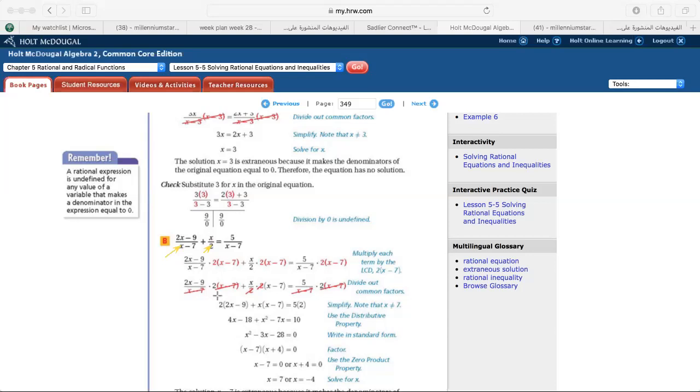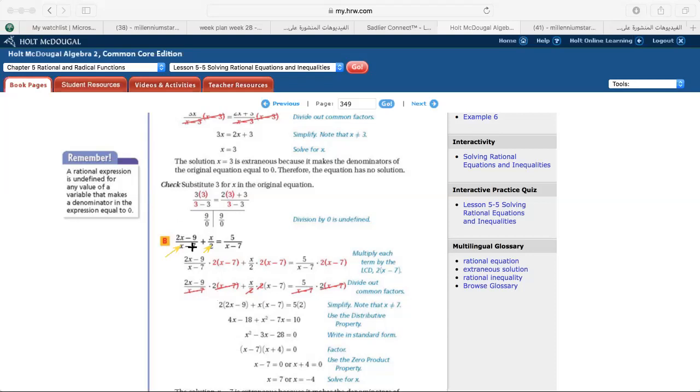I'm going to choose both, because I want to eliminate all the denominators, so I will find the simplest equation and easily get the value of x.